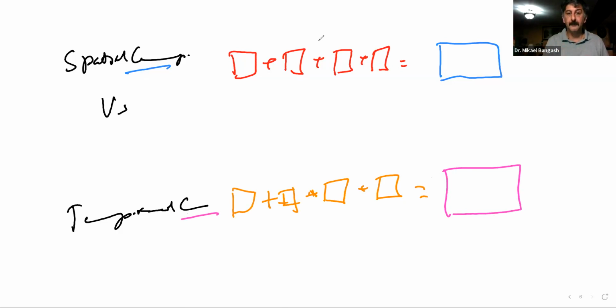Now, one of the main differences between temporal compounding and spatial compounding is that in temporal compounding, the frames were different in the time that they were taken. Whereas for spatial compounding, each of these frames was taken at the same time, but at different angles.